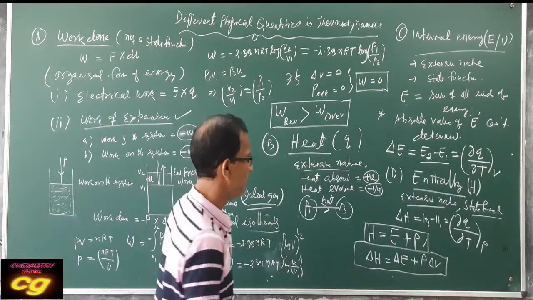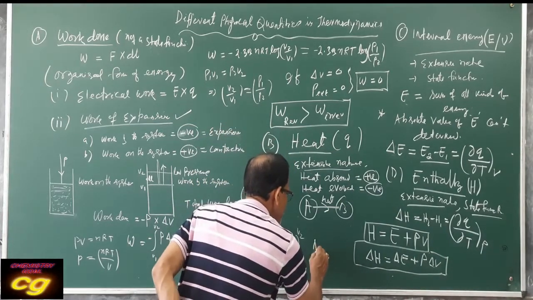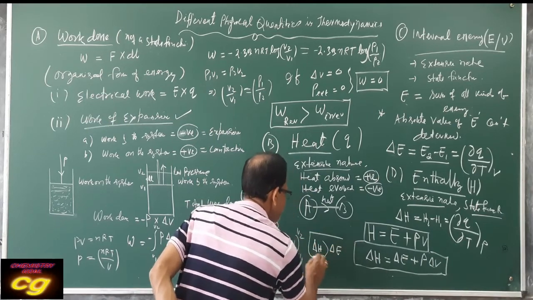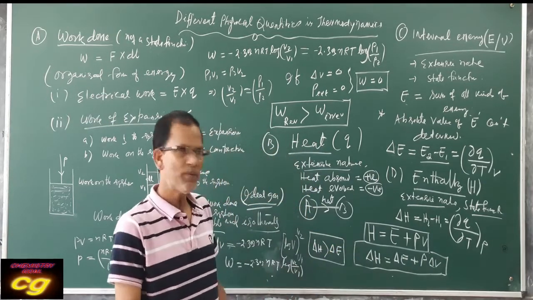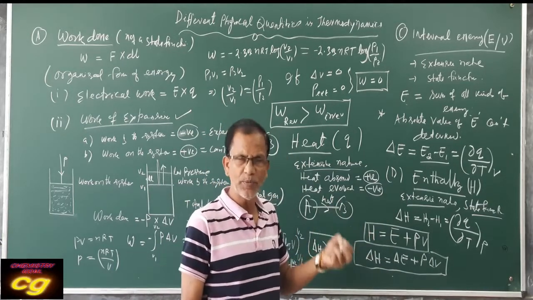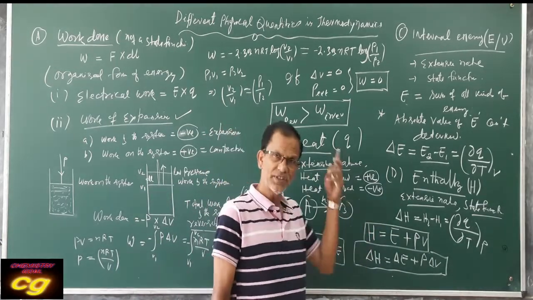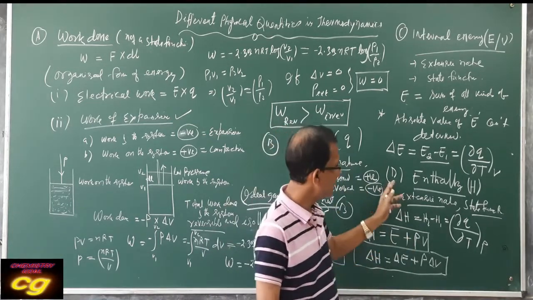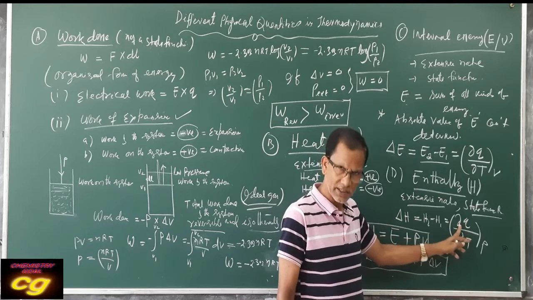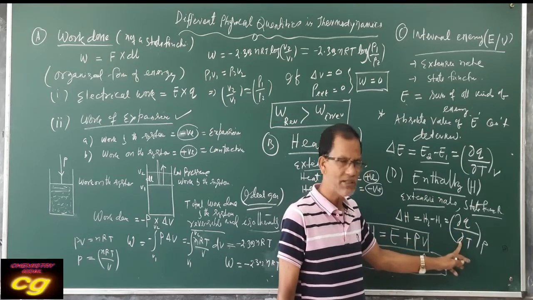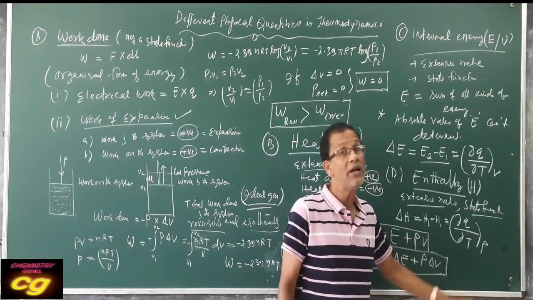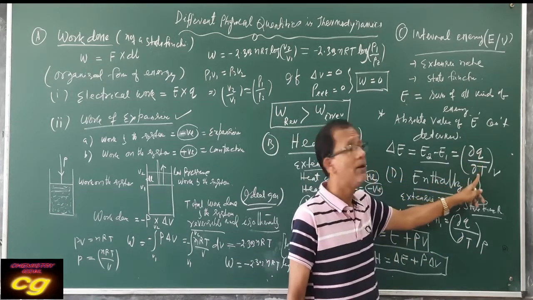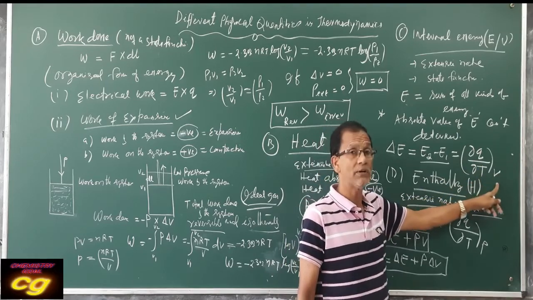Here what happens is that enthalpy change is always greater than internal energy change. That means if a system is absorbing heat at a particular temperature, the amount of heat change per degree change in temperature at constant pressure is more than the amount of heat change per degree change in temperature at constant volume.